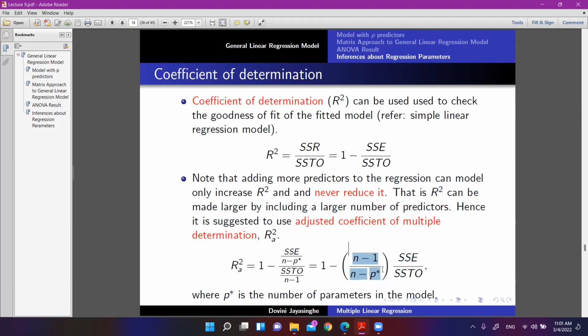Just remember only this part, that you have to multiply this quantity by this. You know how to compute this one. SSR, of course, you know the breakdown of SSR, SSTO minus SSE. If you know this one, you can get this. So find some way of having these things in your head.